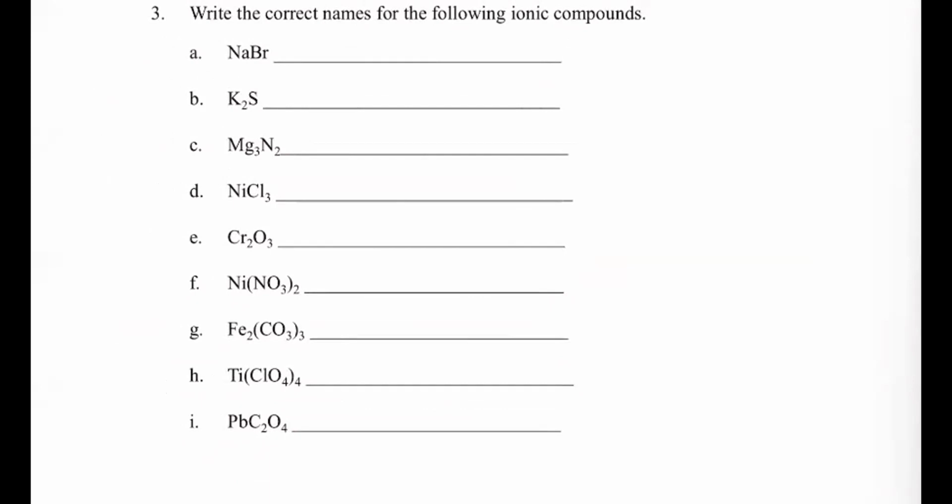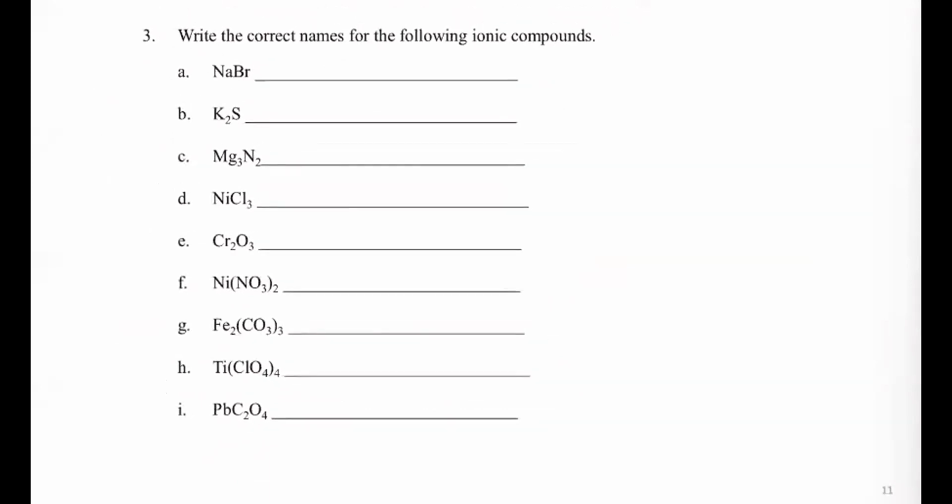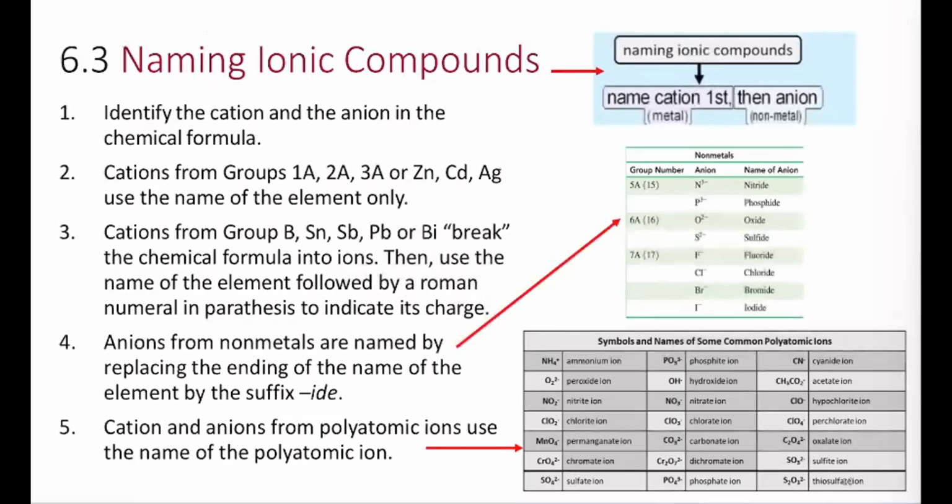This is why it's important that we familiarize ourselves with the rules for ionic compounds. In the first one, we have NaBr, okay? If we have NaBr, excellent for putting it in the chat. Sodium lives in group 1A, so we can just put the name of the element. If we go back to our rules, that's going to be rule number 2.